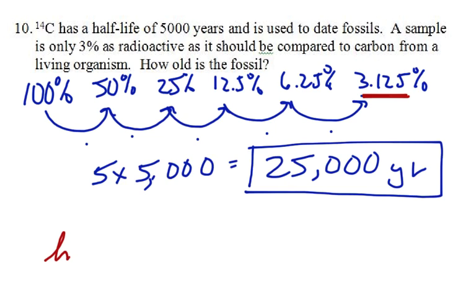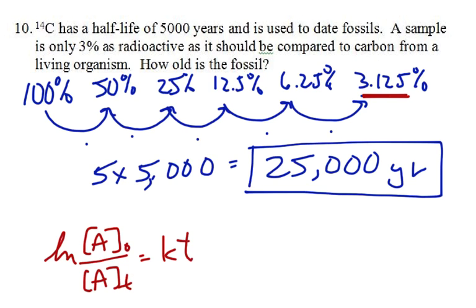It's the natural log of your chemical at time 0 over your chemical at time t is equal to k times t, and t is the time. And in our case here, this top number is 100%. Our bottom number is 3%. The time is what we're looking for.